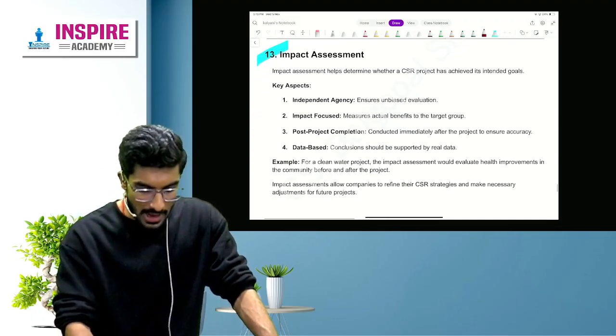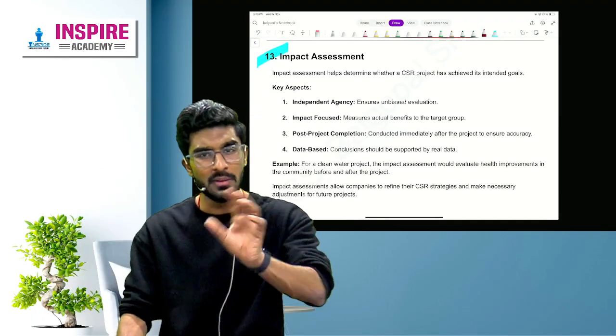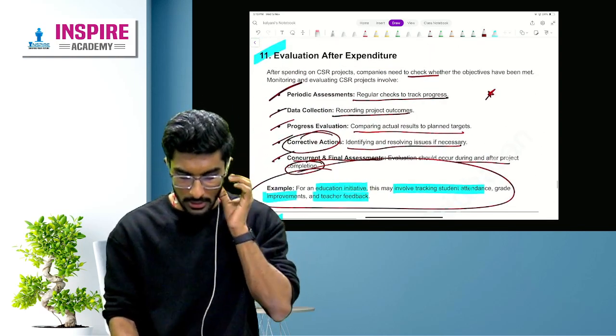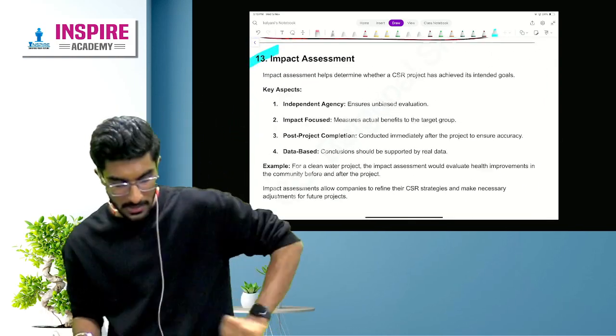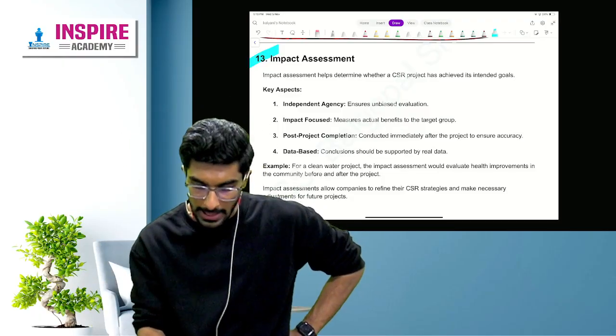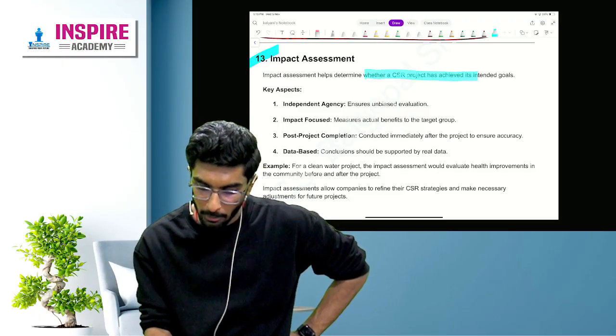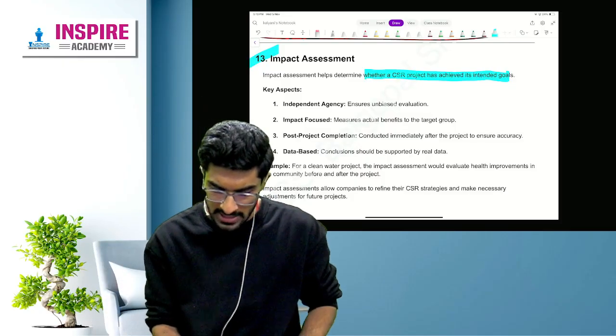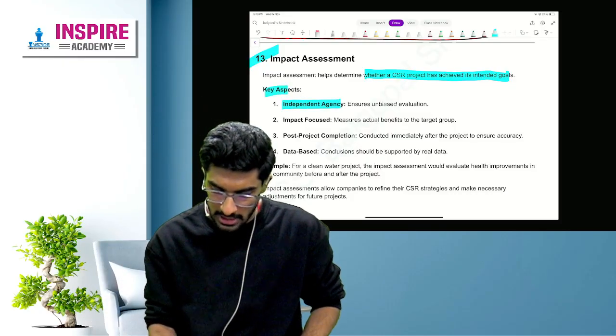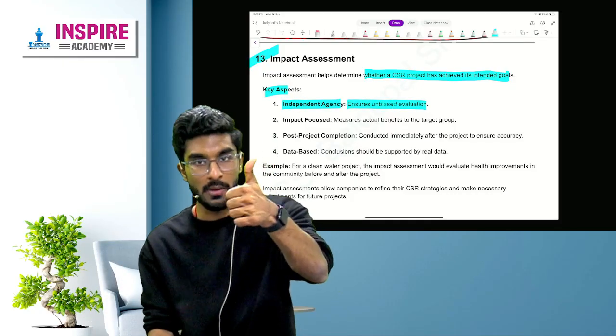And the last is impact assessment, very similar to evaluation after expenditure. Impact assessment helps to determine whether a CSR project has achieved its intended goals or not. Very easy. Now, what are the key aspects? Independent agencies ensure unbiased evaluation.